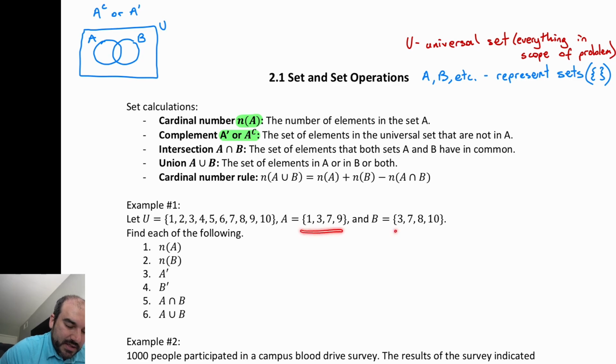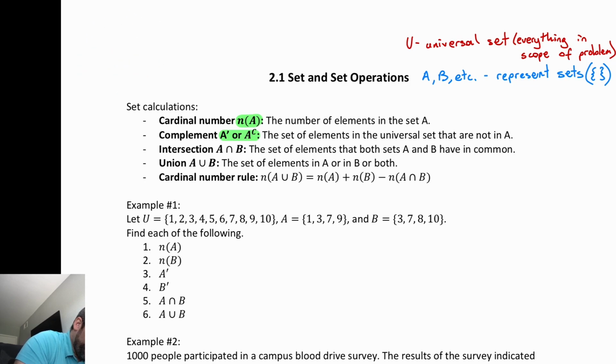If we look at this example, are there any elements that are in both A and B? 3 and 7. So if we were putting all of the elements in this picture, we would put 3 and 7 on the intersection, and then anything that's in A and not in the intersection would go in A only. Actually, let's draw this picture bigger.